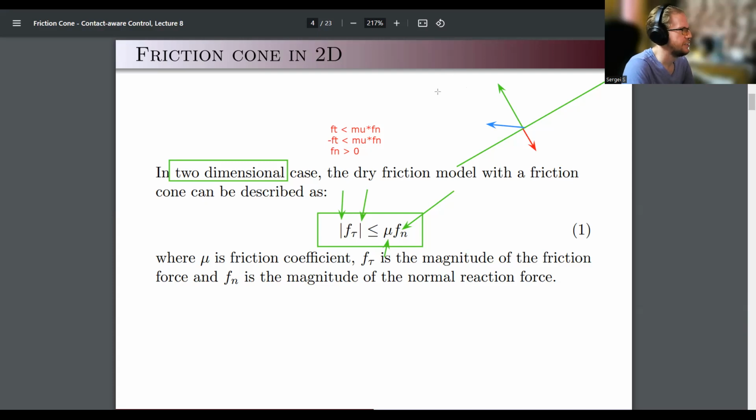Well, the problem here is that this blue arrow would be a combination of two forces: a normal reaction force like this, and separately a friction force like this. So that's a problem. We shouldn't.